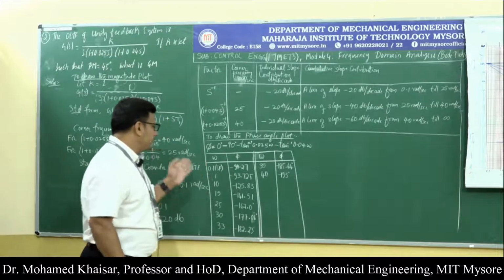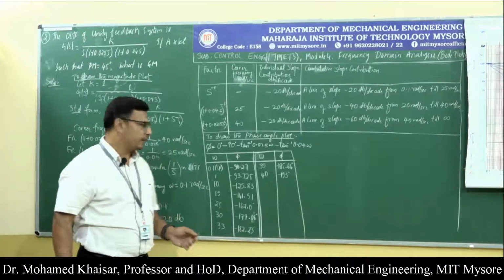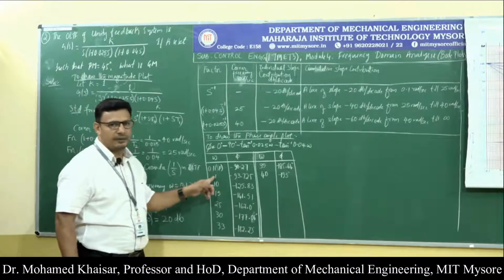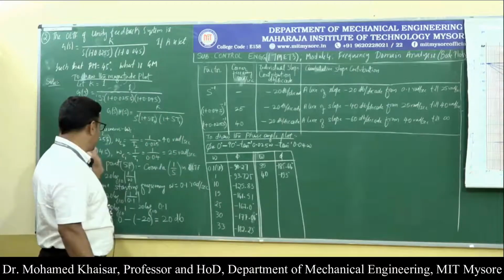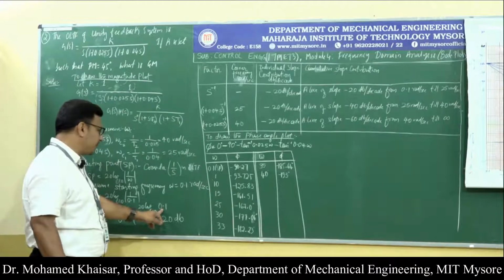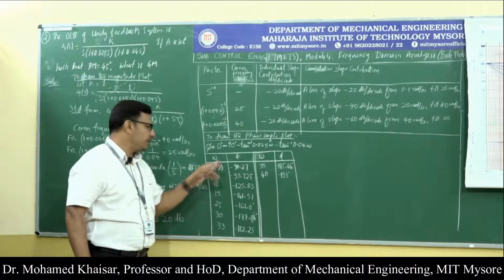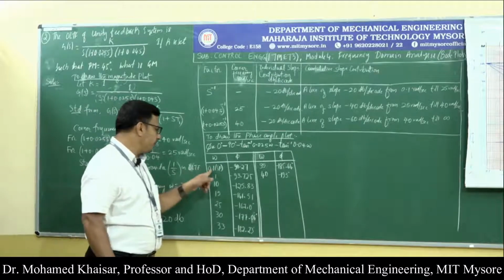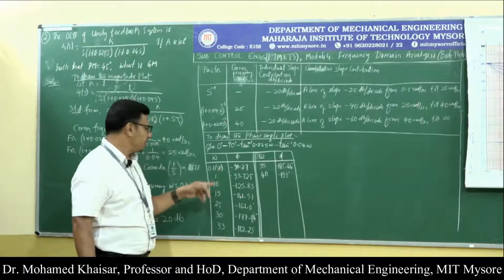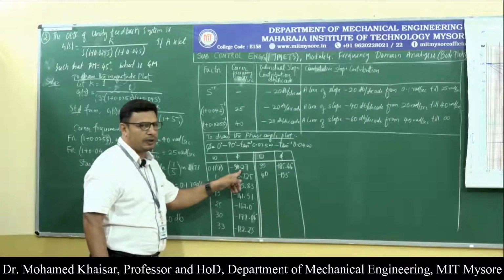Now, let us try to find the various values of phase angle for different values of omega. We will have to start with the starting frequency that we assumed. We assumed the starting frequency in the magnitude versus frequency plot as 0.1 radians per second. So, we will have to start with the same frequency even to calculate the phase angle for various values of omega. So, at 0.1, SP represents the starting point, starting frequency. The phase angle we found out was 90.27.